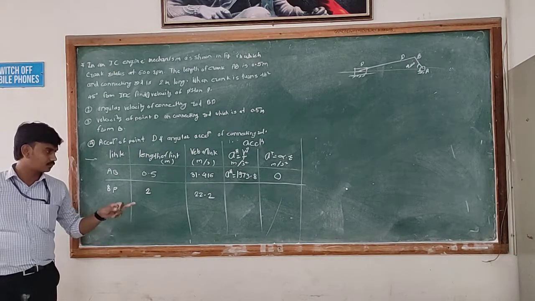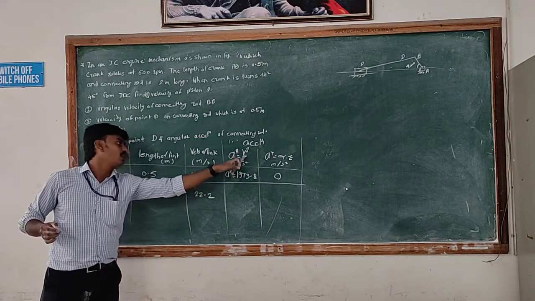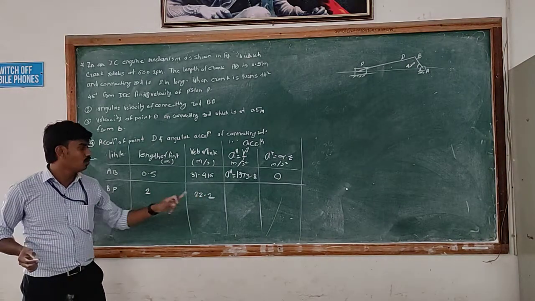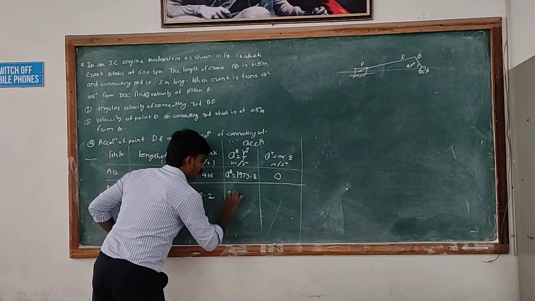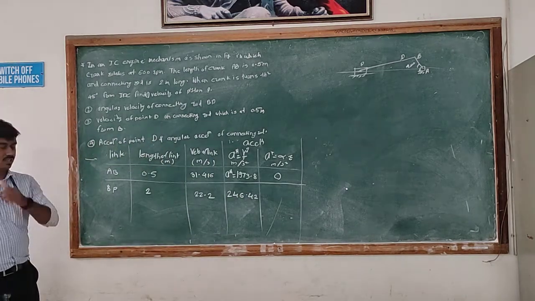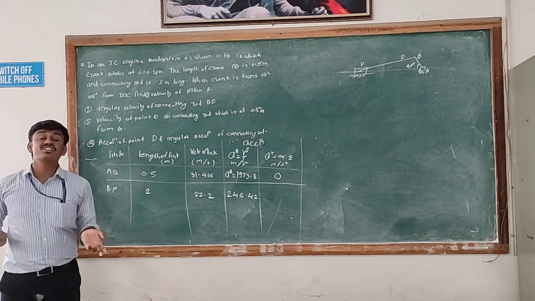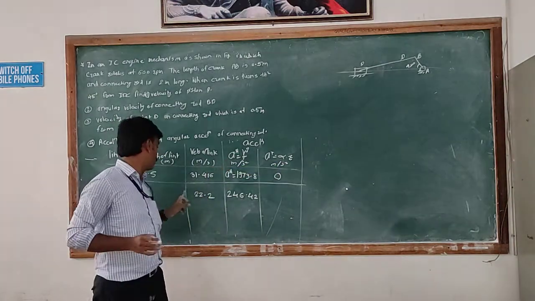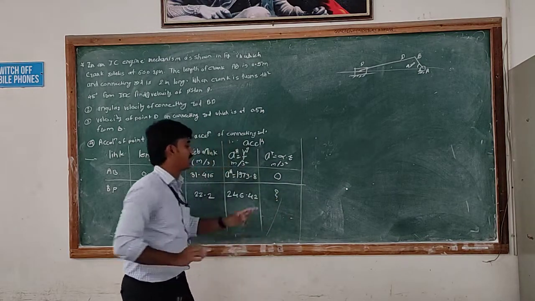Its normal acceleration is v square upon r, where v is 22.2 and r is 2, and if we solve this, we will get 246.42 meter per second square. And what is its tangential acceleration? Alpha into r. We know the r, but we don't know the alpha, so we have to find it out. So I will mark it here with a question mark.